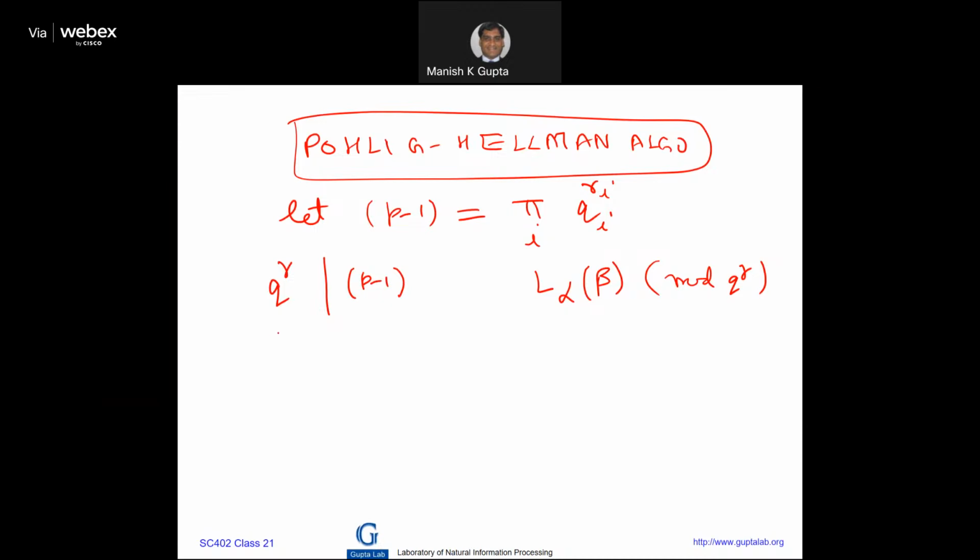So now, you remember the problem is what? We are given that beta is equal to alpha raised to x. This is given to us, right? And I have to find x.